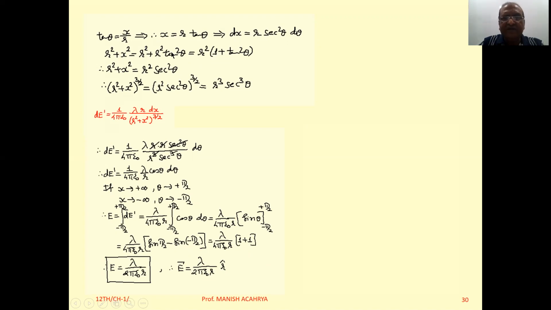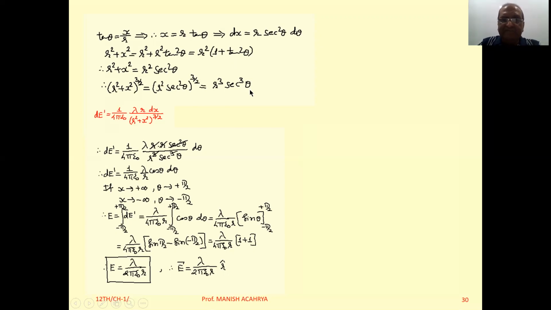So x square is r square tan square theta. So resultantly we can write r square into 1 plus tan square theta. But 1 plus tan square theta is sec square theta. So r square plus x square is r square sec square theta. So r square plus x square raised to 3 by 2 is r square sec square theta raised to 3 by 2, that is r cube sec cube theta.